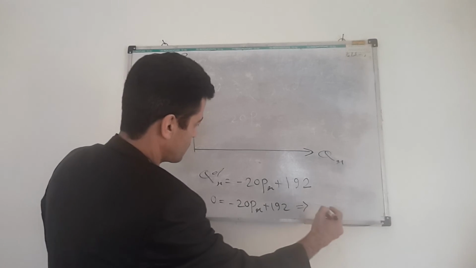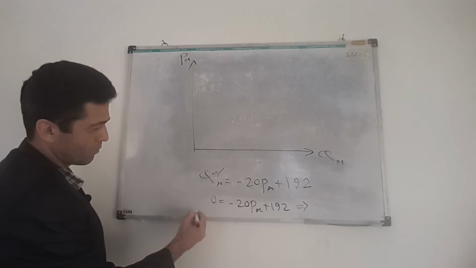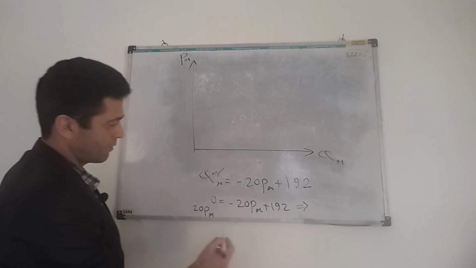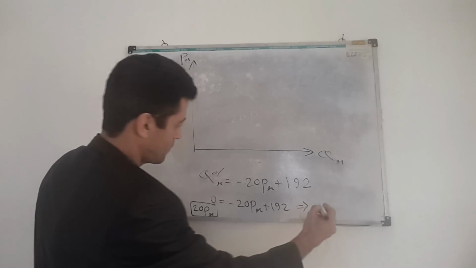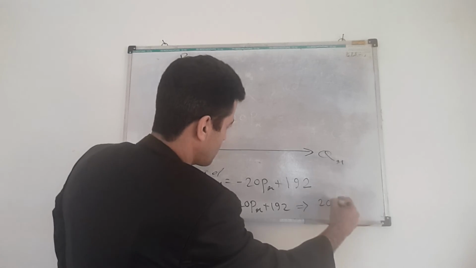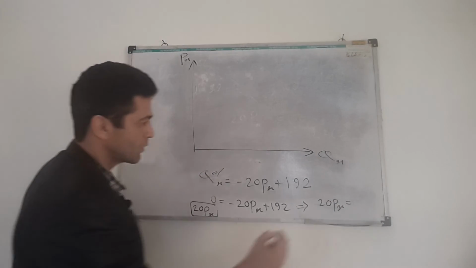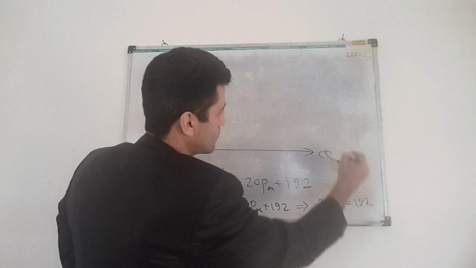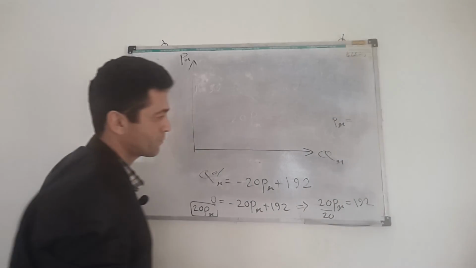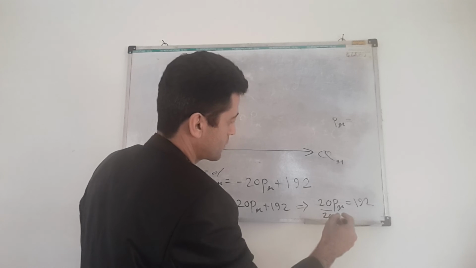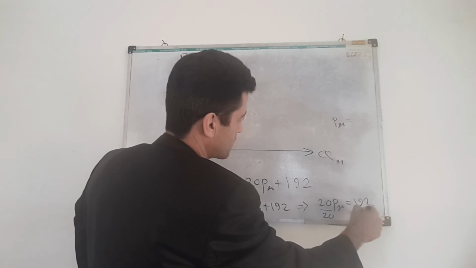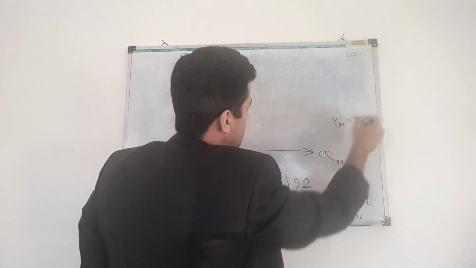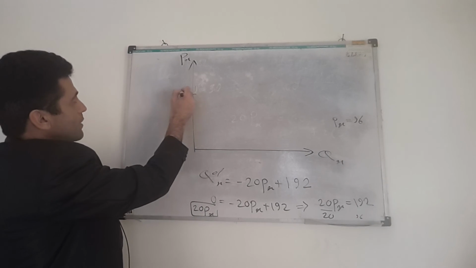Adding 20 Px on two sides, we will have 20 Px equals 192. Divided by 20, Px equals 9.6.